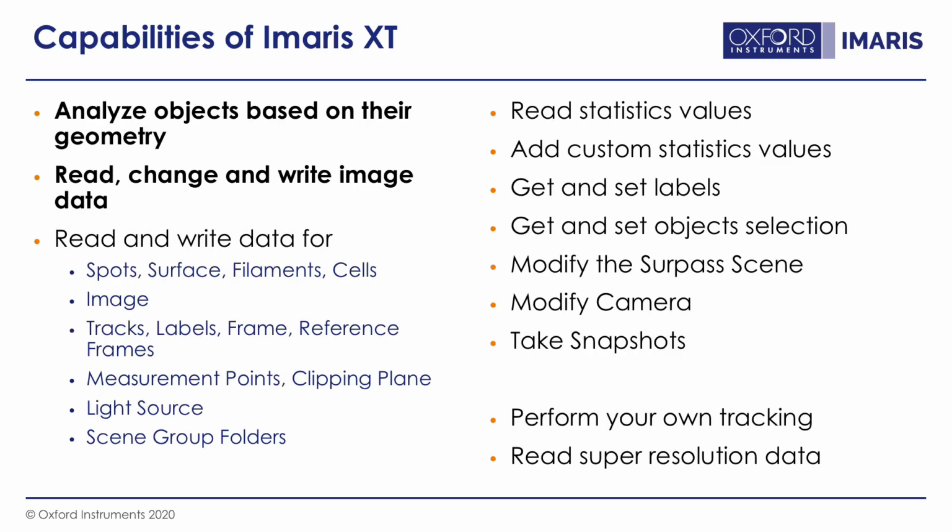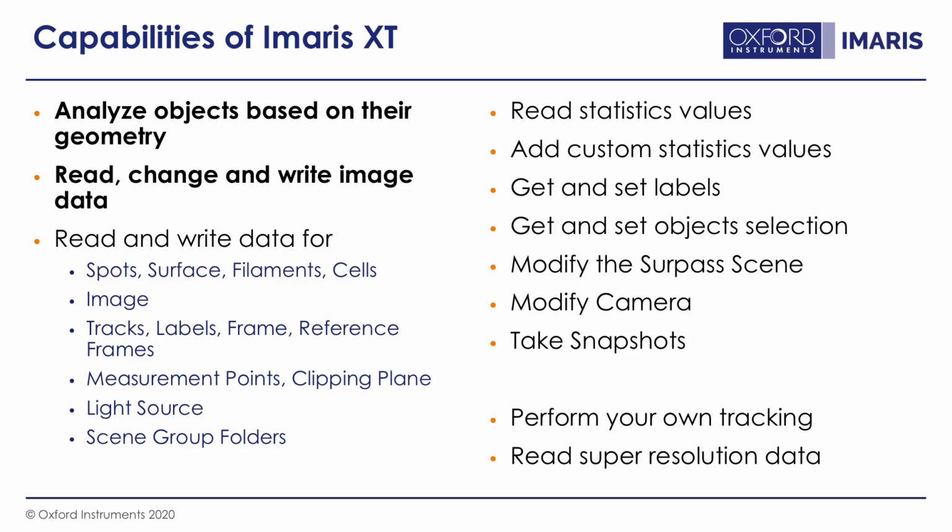So what exactly can you do with Imaris Xt? Roughly said, you can analyze objects based on their geometry and read, change, and write image data. These are the two big topics, I would say, in Imaris Xt. Raw object geometry and image data.